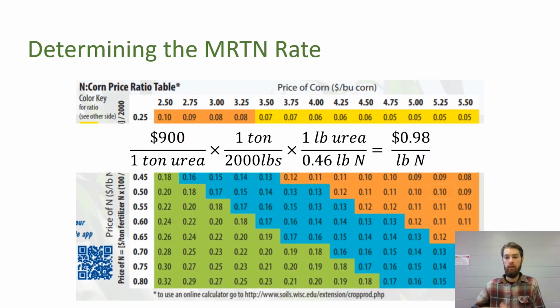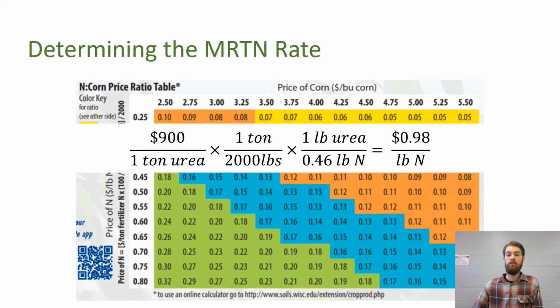So for an example of this, I'm in December of 2021, and I did a quick calculation of the dollar per pound of urea. Currently the price is really high at $900 for 1 ton of urea. We divided that by 2,000 pounds to get the dollar per pound of urea fertilizer.